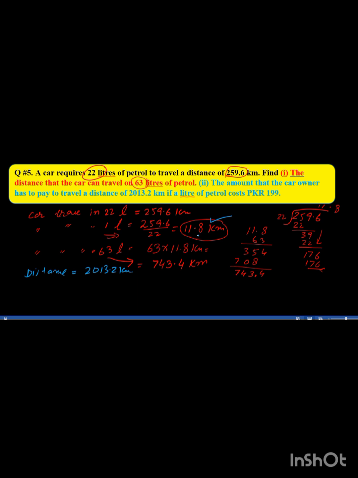So how much petrol is required to travel 2013.2 kilometers? We have to divide. You can write required petrol, and use your own words. It's not necessary to copy my words. So 2013.2 divided by 11.8.